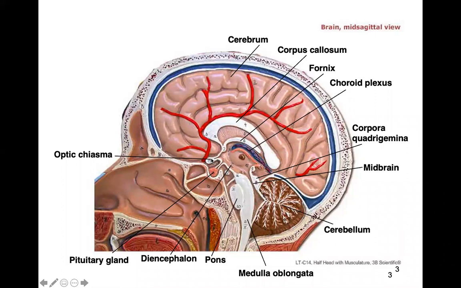And I showed you from the other view, when we looked underneath the brain, there was the optic nerve. And where the optic nerve crisscrossed, that was called the optic chiasm. So this is the optic chiasm from the lateral view. And this is why when the pituitary gland increases in size and pushes up against the optic chiasm, it can affect your vision because it carries visual information to the brain.